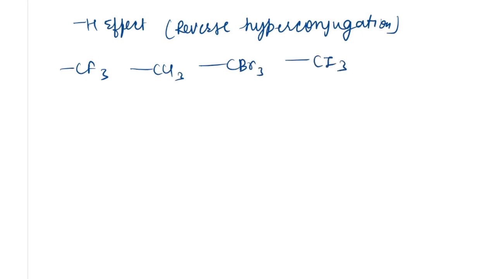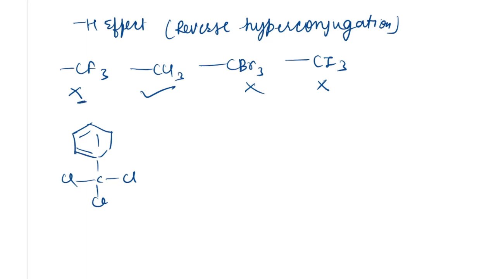In case of CF3 there is no reverse effect. Remember, only CCl3 shows reverse hyperconjugation. Now how does it show? We know the CF bond is very strong. In case of CBr, there is more overlapping difference between carbon and bromine. And in CI3, there is a larger overlapping distance between carbon and iodine orbitals.